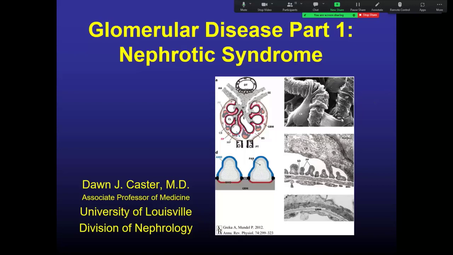When the podocyte is sick, you have the leakage of protein into the urinary space. Here is what podocytes look like on regular electron microscopy. They should be upright, looking nice, and here's what they look like in a nephrotic patient. They're effaced, and we talk about this frequently.